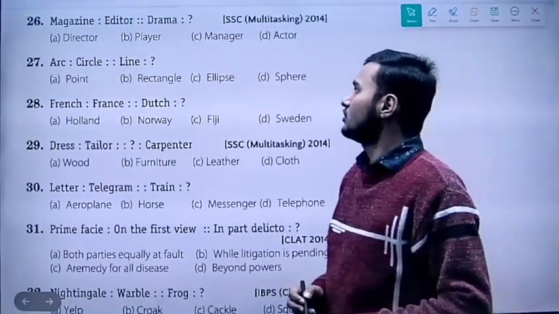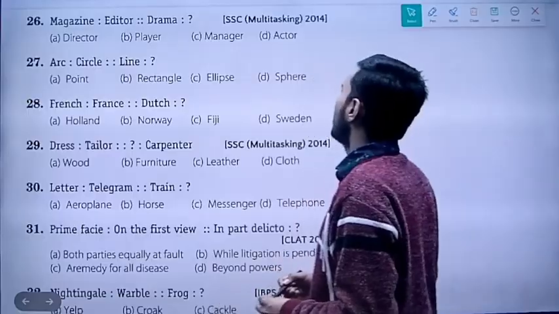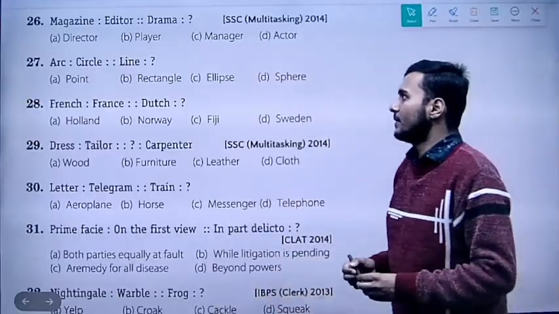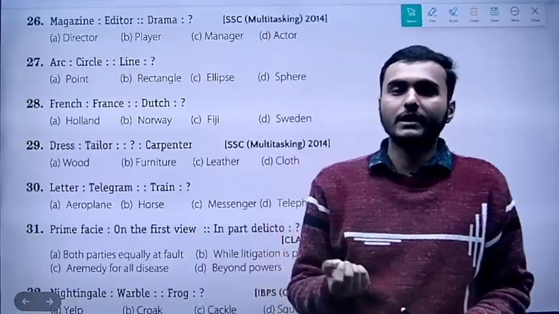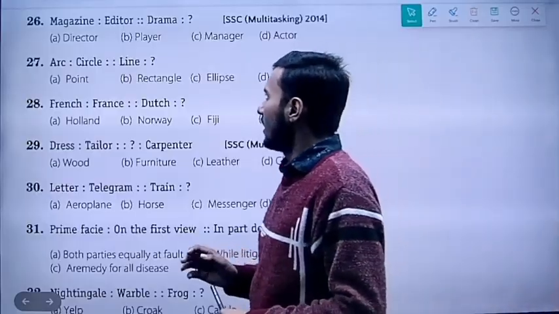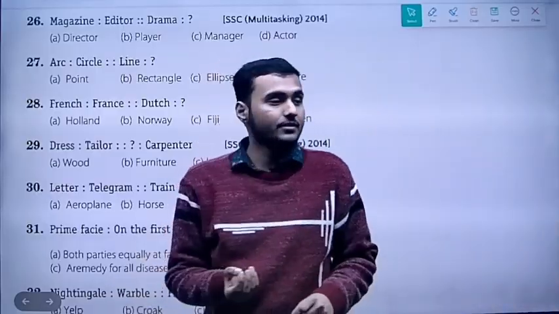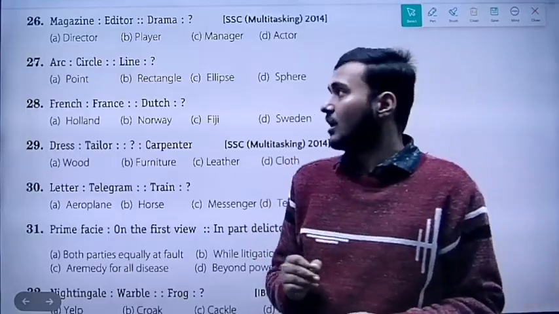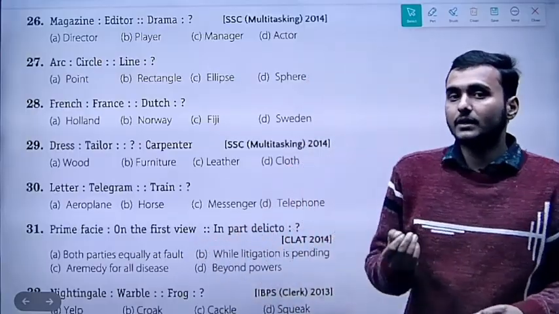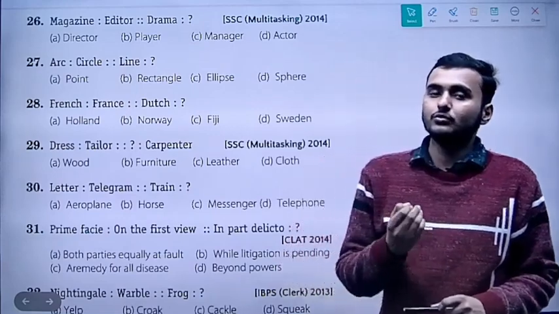See now at the next question, magazine is equal to editor, then drama is equal to what? See who writes a magazine, the author, or we can say the editor. An author writes a column in a magazine, but who supervises that, who sees that, is the editor, who gives the final touch to any magazine.